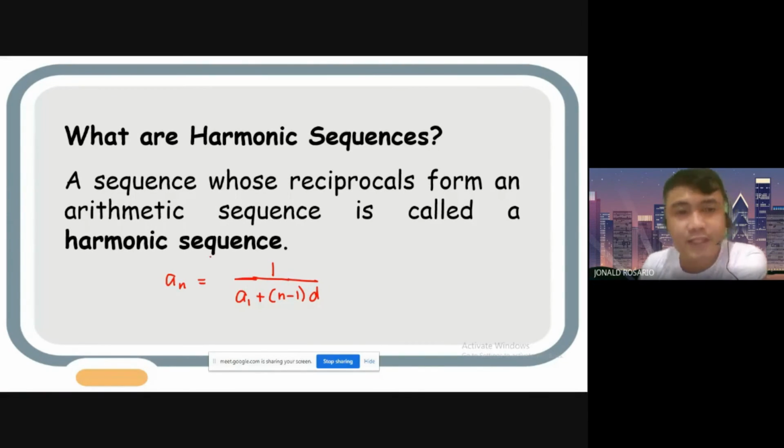Okay? Or ibig sabihin, lahat ng mga terms ng ating harmonic sequence ay reciprocals ng mga terms ng isang arithmetic sequence. Reciprocal.